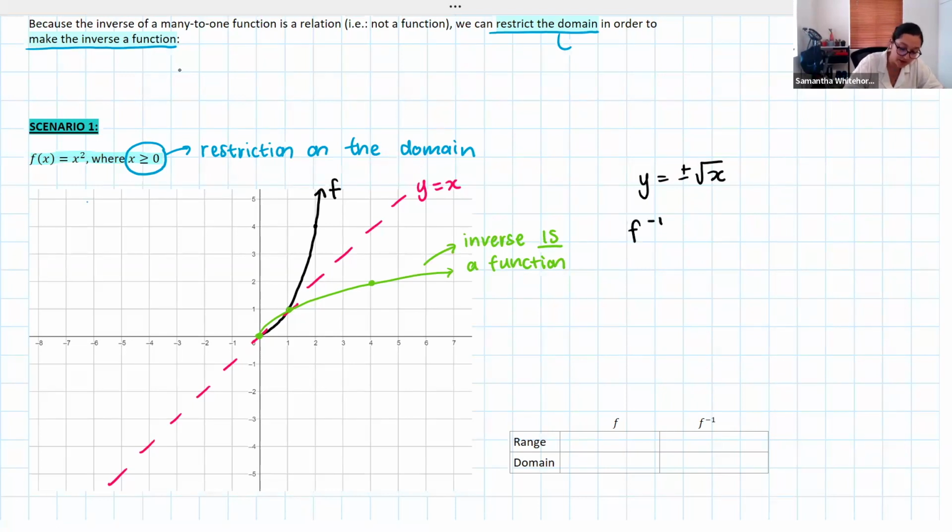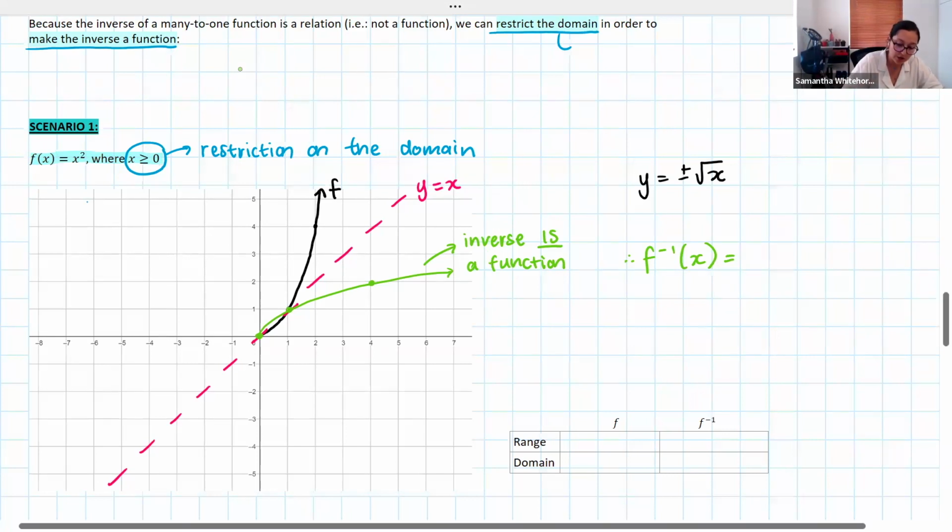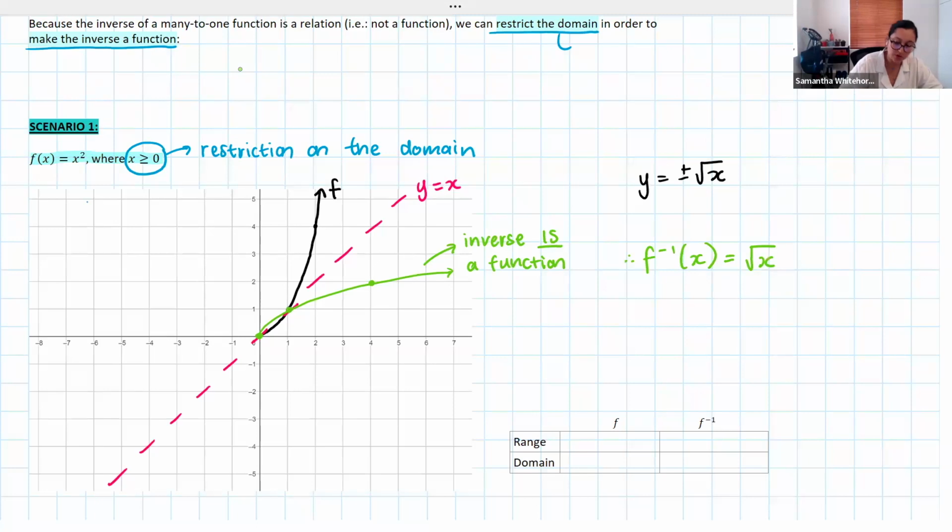And because it is a function, I can use my notation. So this inverse function, look at your y coordinates. This graph only exists where y is positive. It's all these positive y values above x. So that means I'm looking at positive square root x.